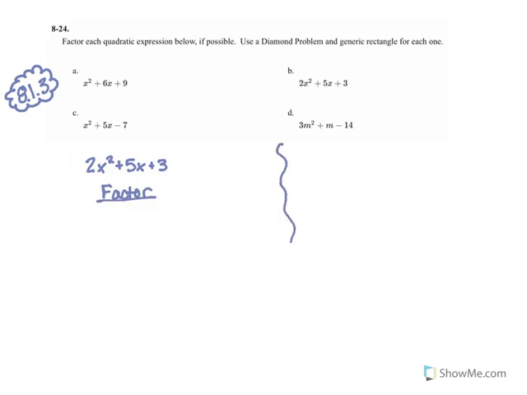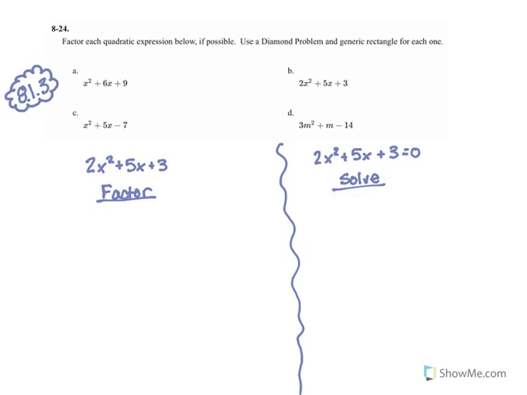Now sometimes you guys are going to get problems where it says to solve the equation. So if we have 2x squared plus 5x plus 3 equals 0, we can solve for x in that. But in order to solve for x, we have to factor this first. So this is going to be solve.